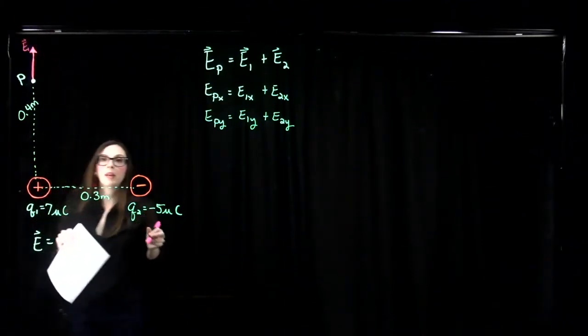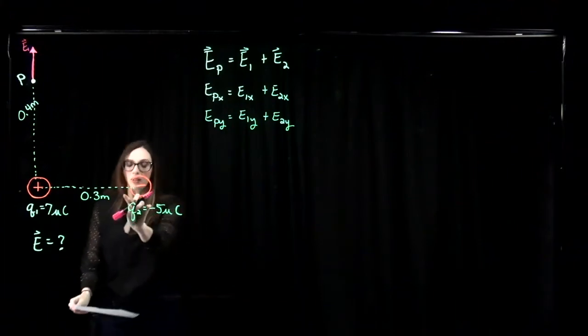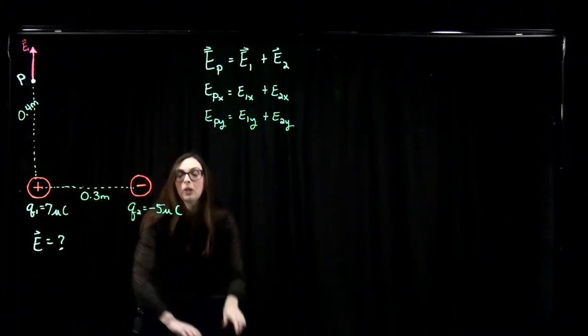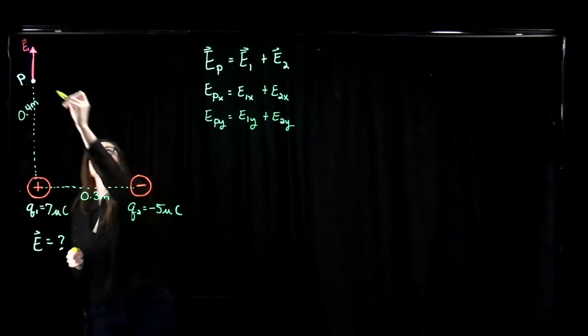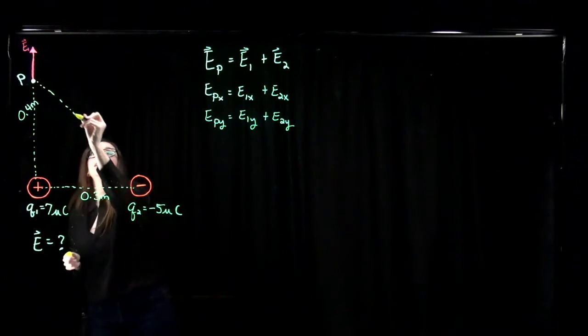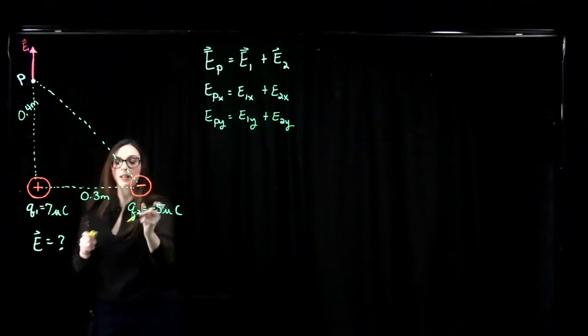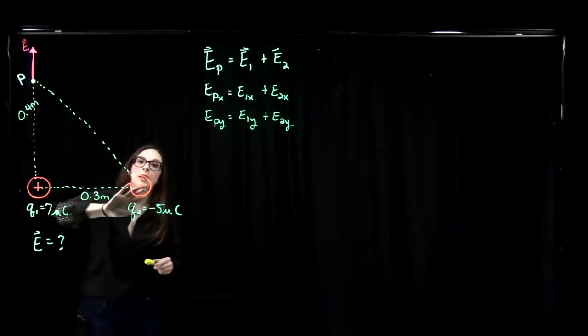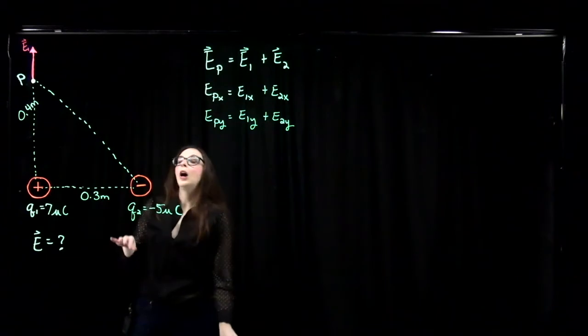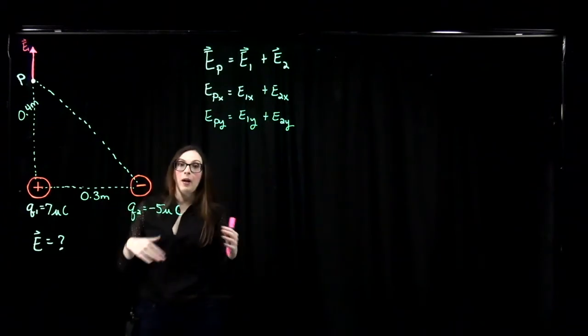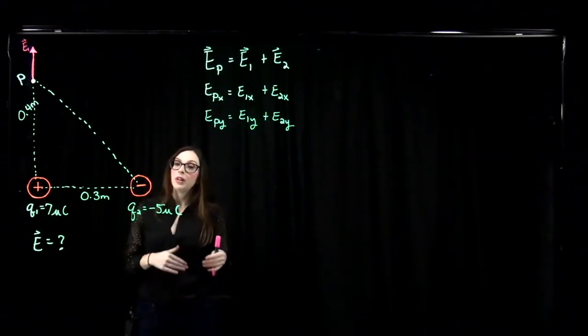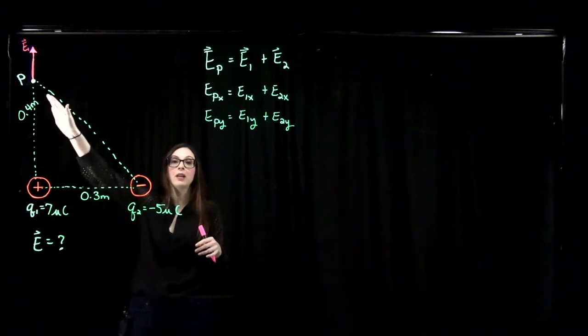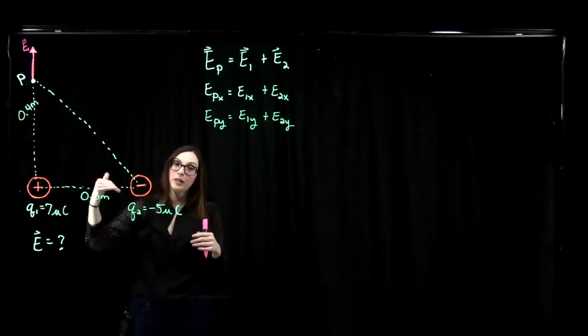Okay. Now the electric field from Q2 at point P, let's see if I can draw this in here, is going to be directed along this line between point P and Q2. Our vectors for electric fields always point away from positive charges and toward negative charges.